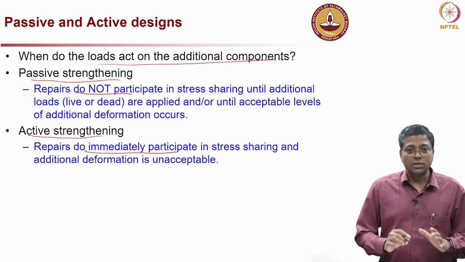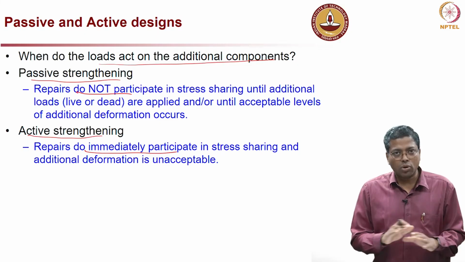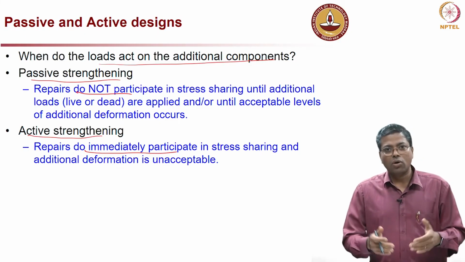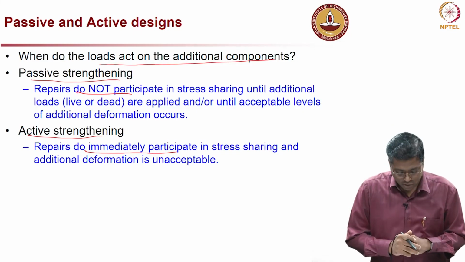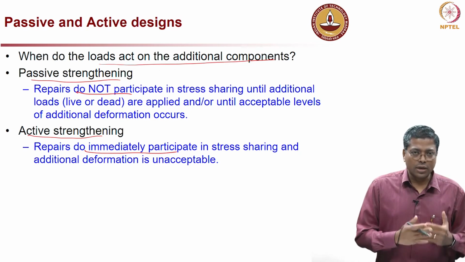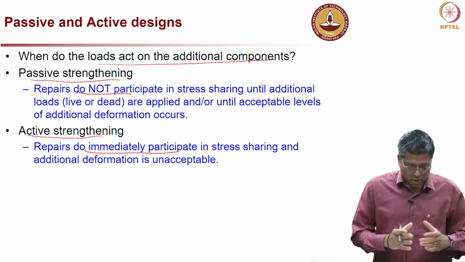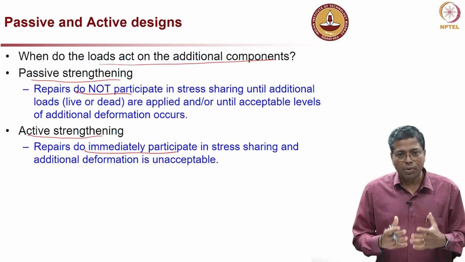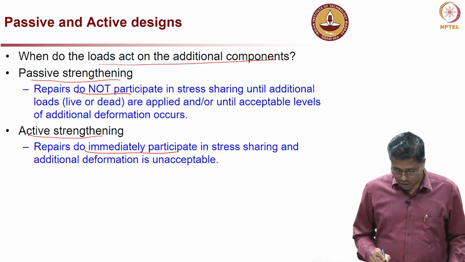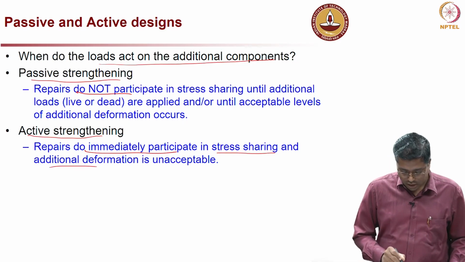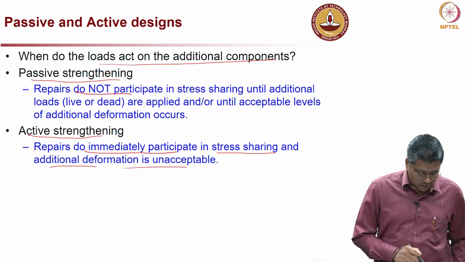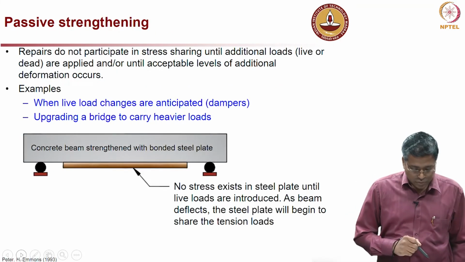In passive strengthening they do not take part until either the load level increases or there is a significant deformation, whereas in active strengthening, the strengthening elements will take part immediately after they are installed. They will take part in stress sharing, and no additional deformation is acceptable in the active strengthening designs.